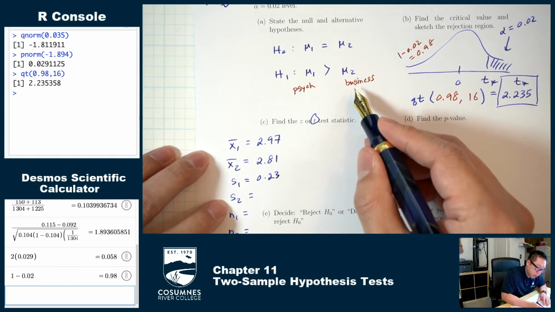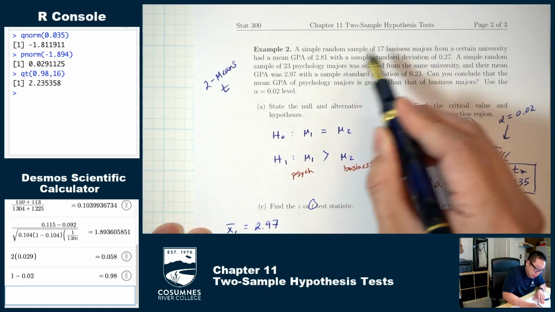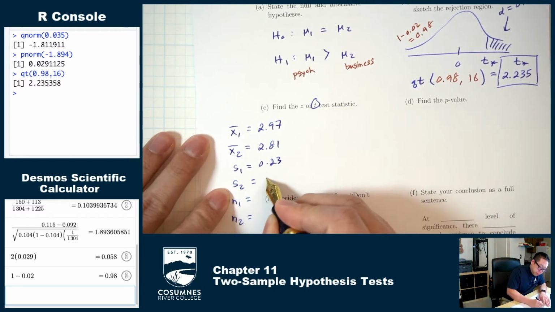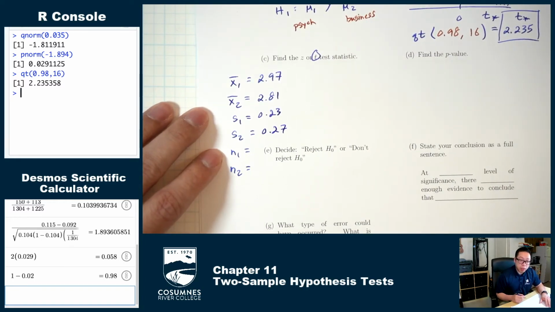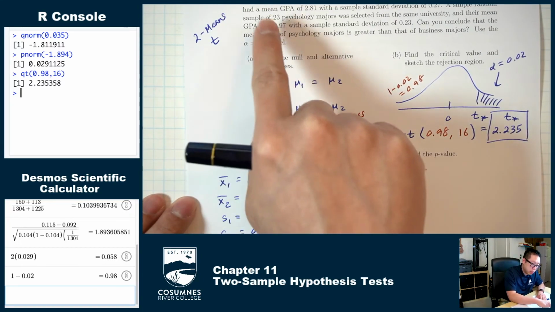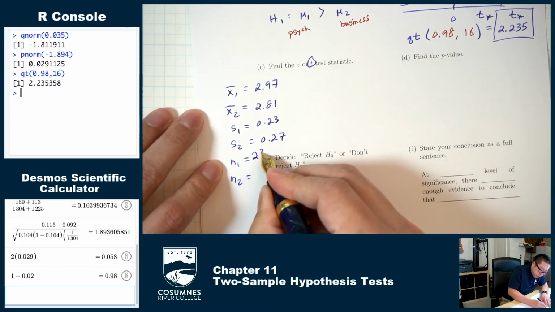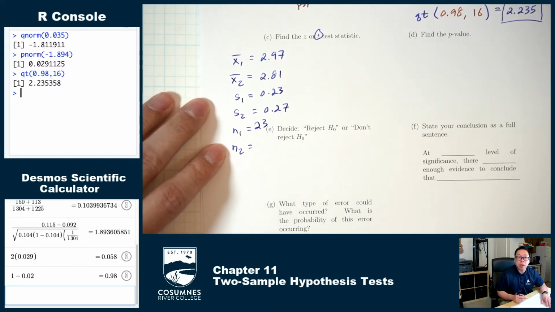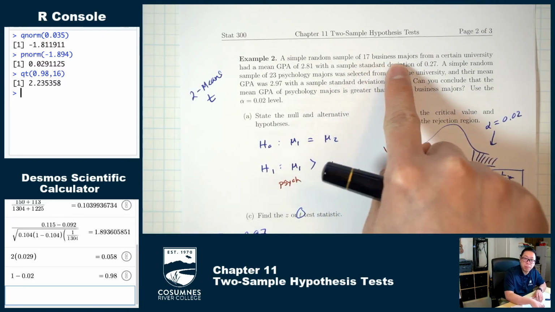So standard deviation for the business majors is 0.27. N1, that's the sample size for my psychology majors. Sample size for psychology is 23 psychology majors. N2, sample size for my business majors. Sample size for business, 17 business majors, 17.